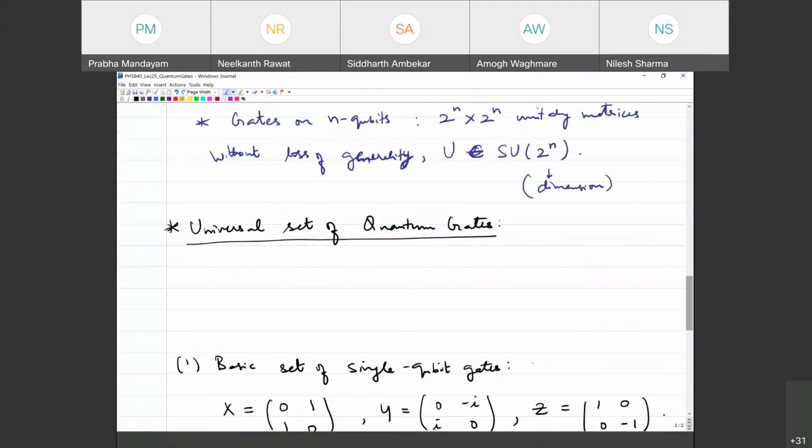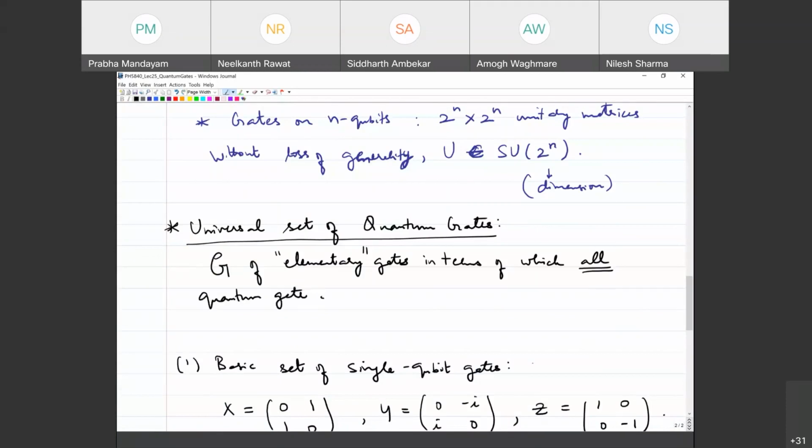So a universal set is basically some set G of elementary gates in terms of which all quantum gate operations can be decomposed, right? So does there exist such a set?